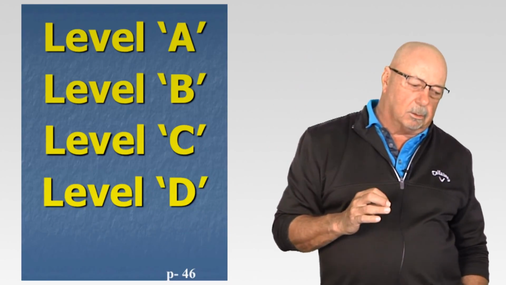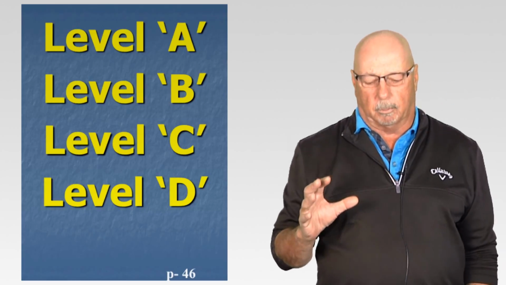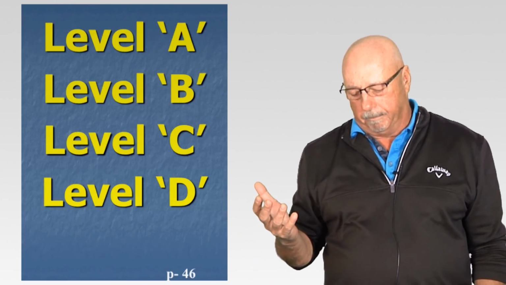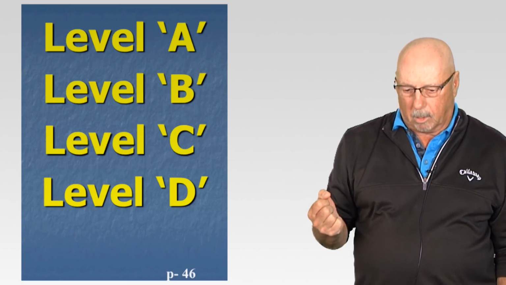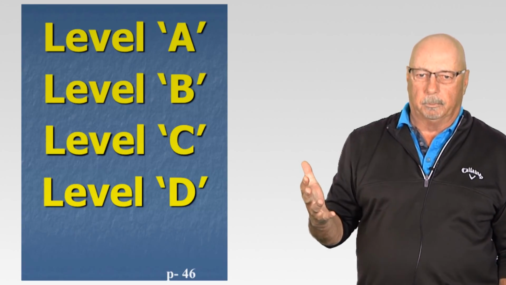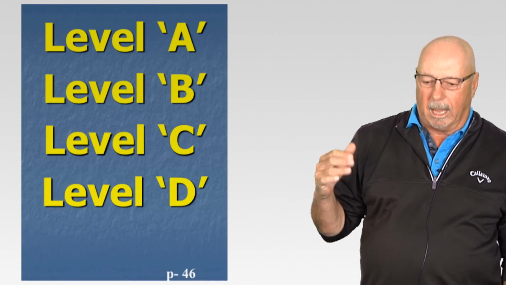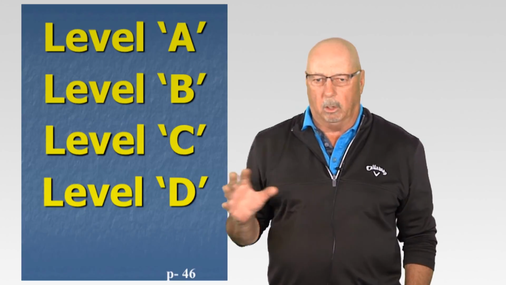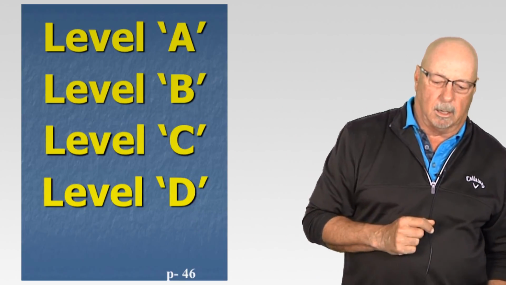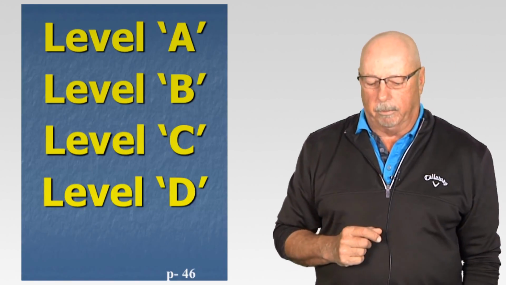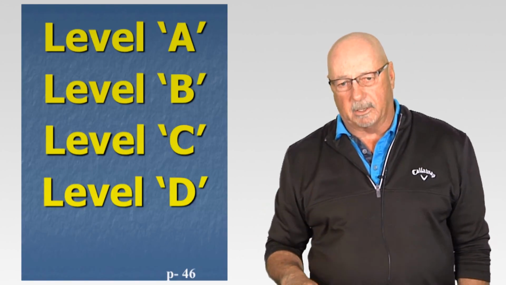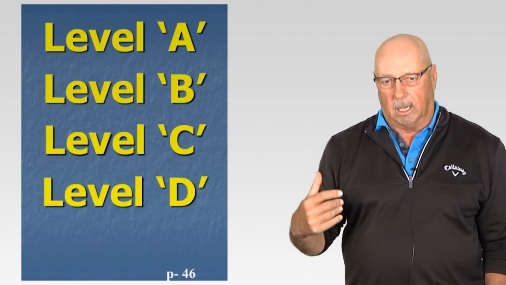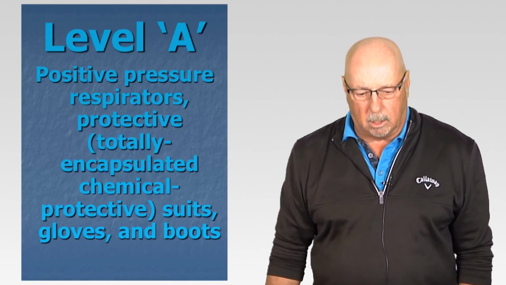Level B protection is still using an air-supplied respirator, with a chemical-resistant suit, not a totally encapsulated suit. Level C would be where we're using an air-purifying respirator, not an air-supplied one. We would still use a chemical-resistant suit. And level D is basically no respirator, but we might have gloves, hard hats, glasses, and so on.